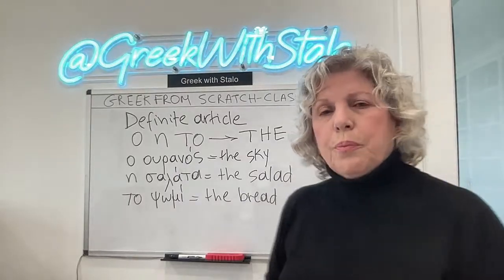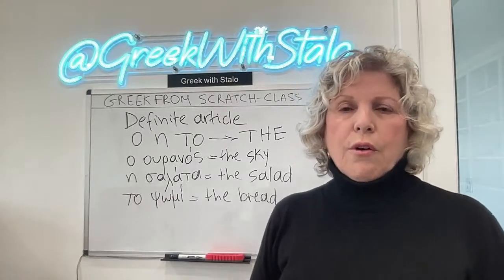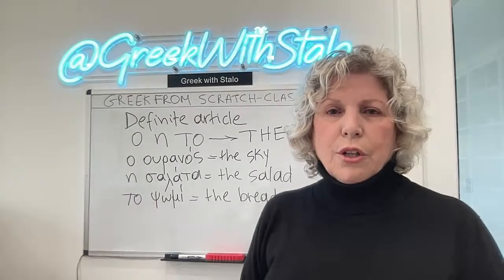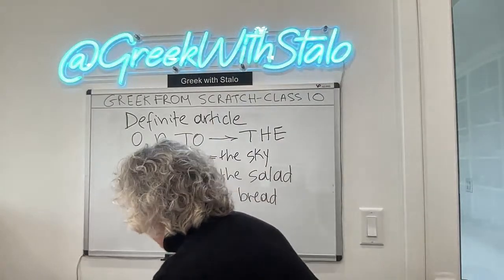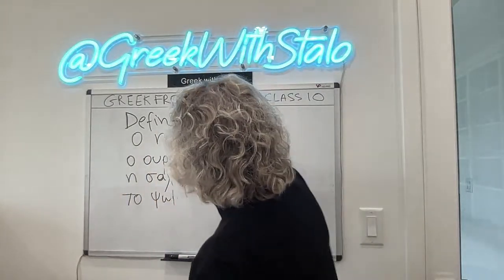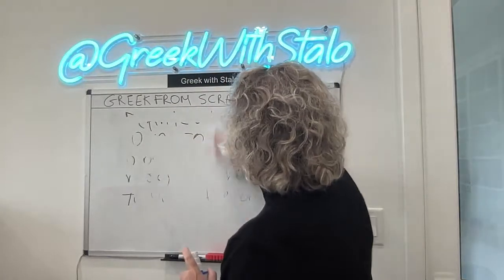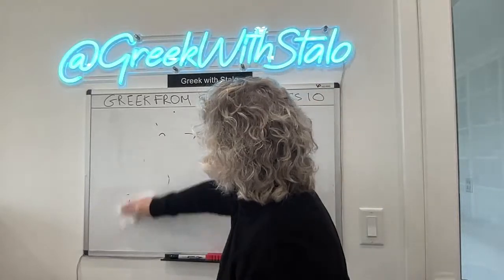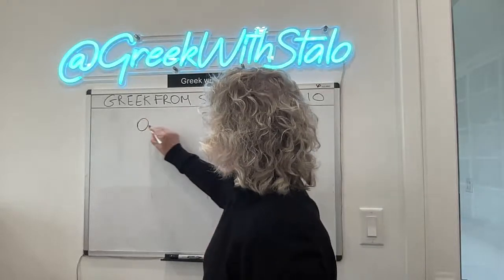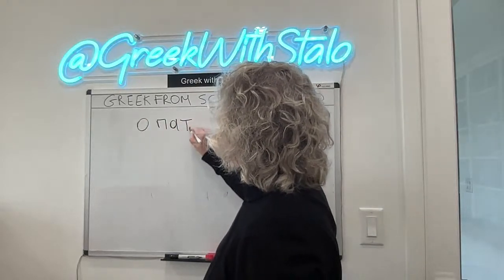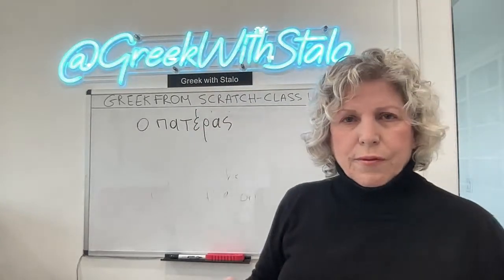Nouns that refer to people and some animals usually follow the natural gender. Not always, but most of the times. So, for example, ο πατέρας, the father.